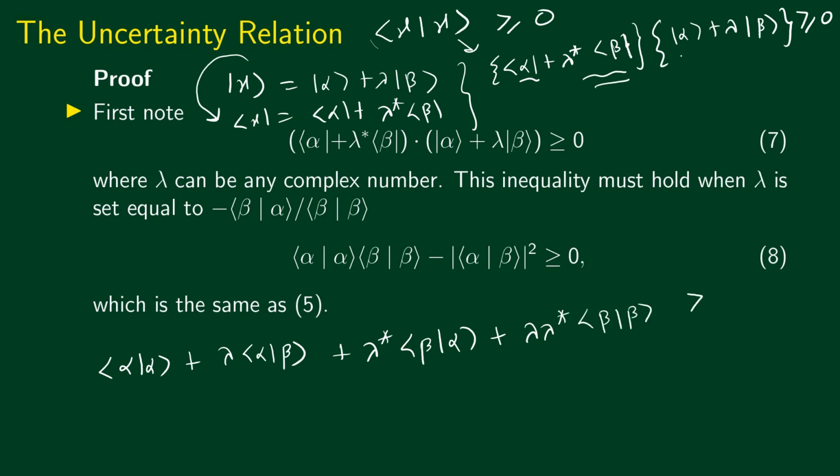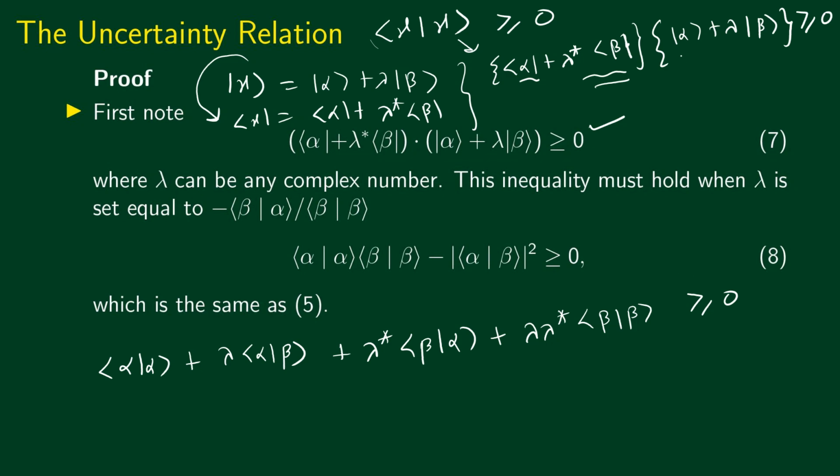This has to be greater than or equal to 0. Now this relation should hold for any lambda. Lambda is just any complex number, and still this relation should hold.